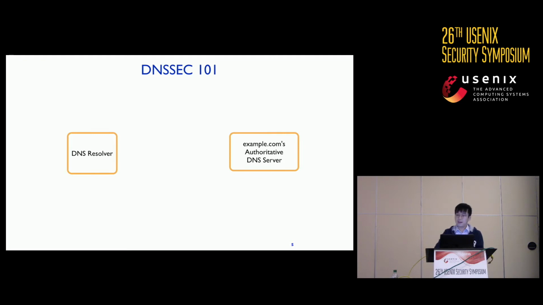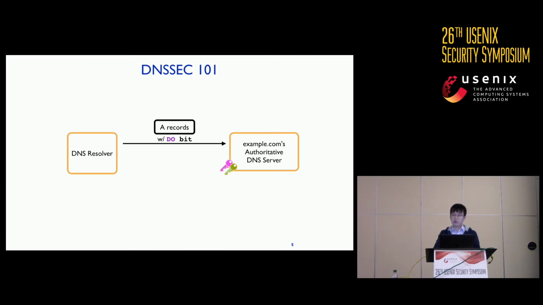DNSSEC solved this security issue by deploying a public key infrastructure to provide integrity and authenticity of DNS records. DNS servers now maintain a private and public key pair. You send a request and say that you'd like to have some DNS record by specifying the DNSSEC OK bit, the DO bit.